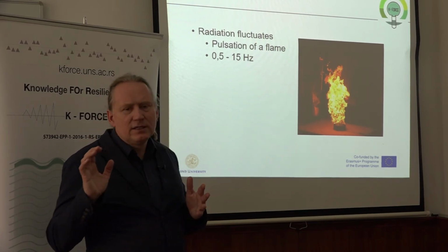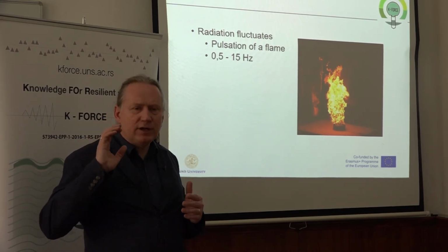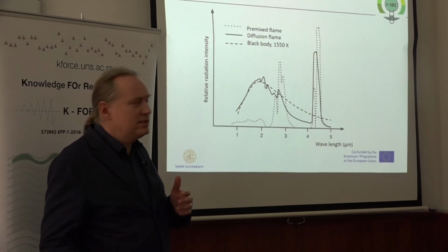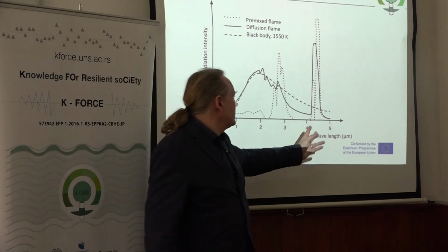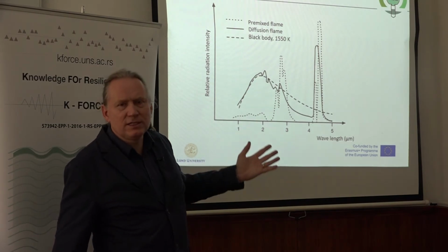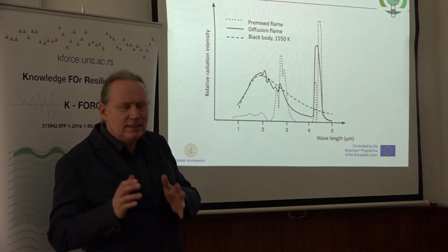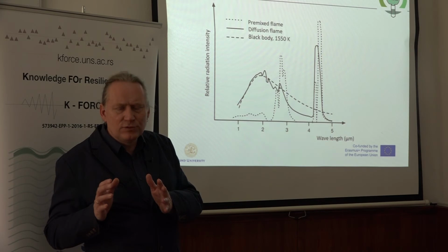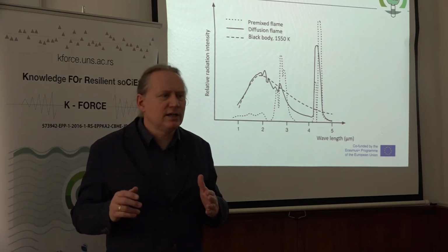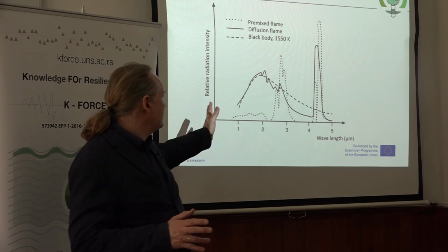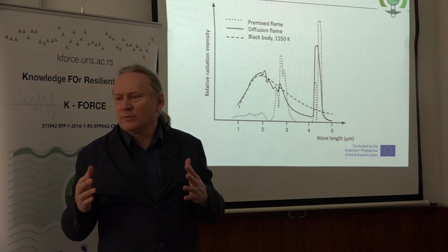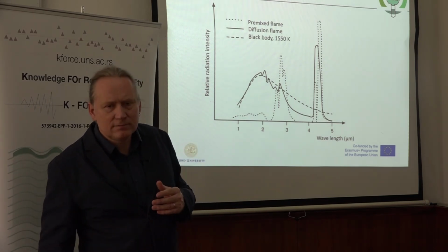So if you have a detector which can look at this waveband, and this waveband at the same time is fluctuating, it's most likely a signature from CO2 and it will be from a fire. So that is a way of detecting a fire by looking at the infrared bands.